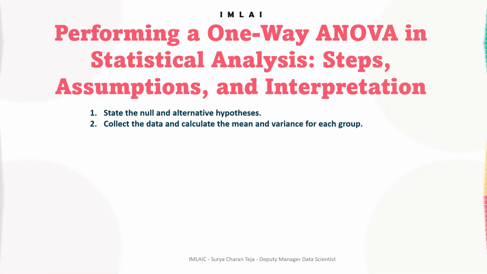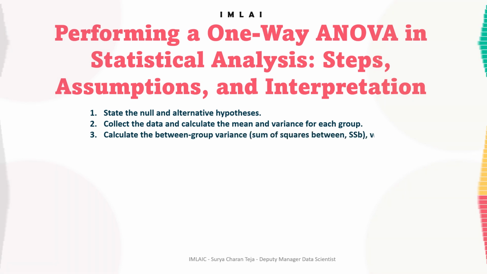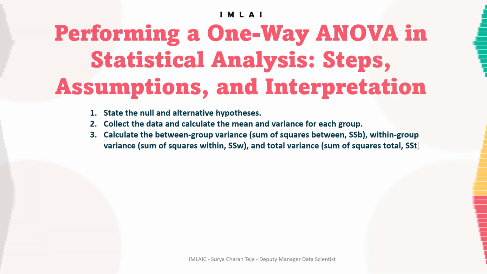Then the most important step: calculate the between group variance, sum of squares between (SSB), the within group variance, SSW, sum of squares within, and the total variance, sum of squares total (SST). So you have to calculate these three things.